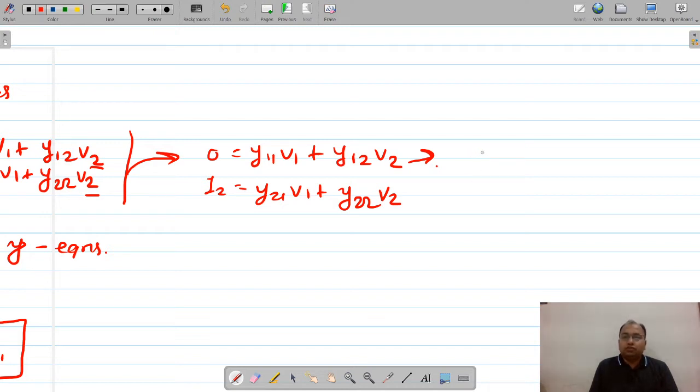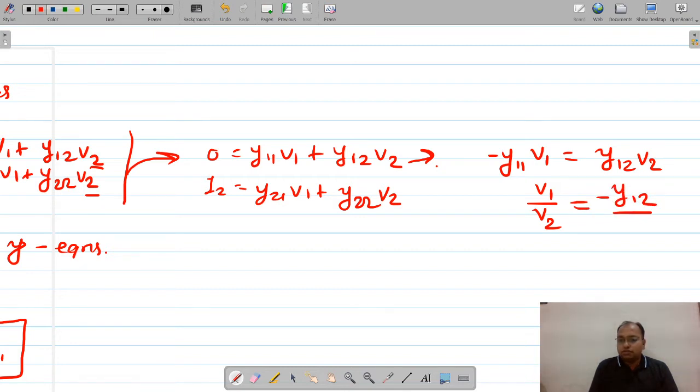Okay, so let me transfer that v1 to the left hand side. So minus y11 v1 is equal to y12 v2. Therefore v1 divided by v2 is equal to minus y12 divided by y11, this minus sign will also come over here, and that's it.